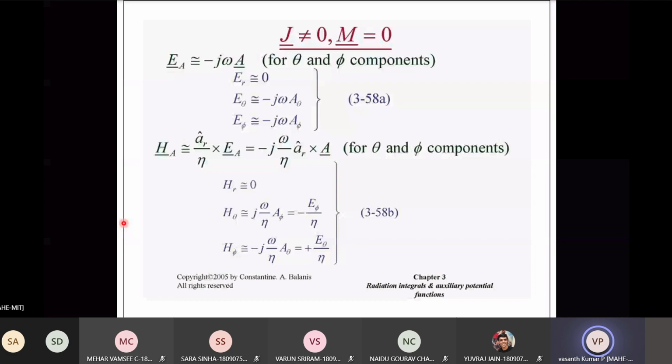Curl of H is equal to curl of B. Sorry. We have this equation. One second.